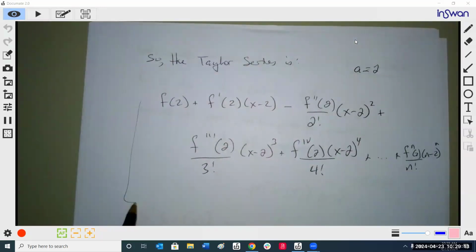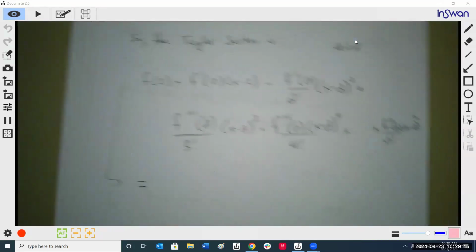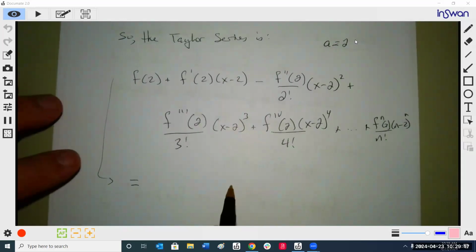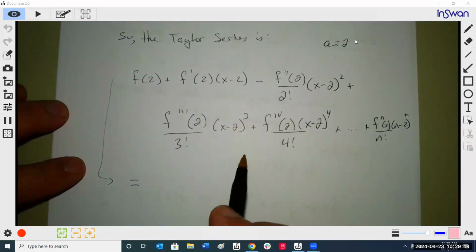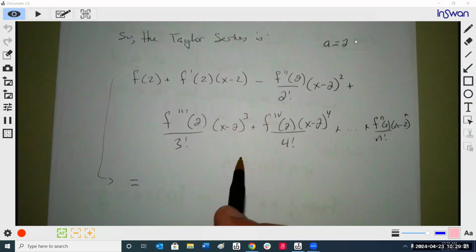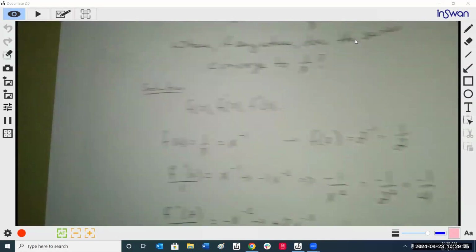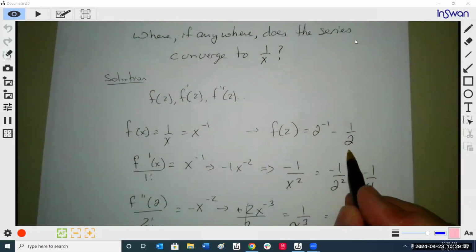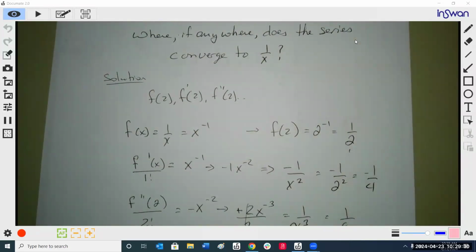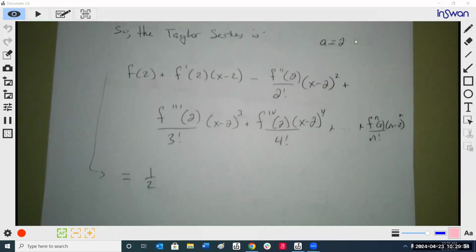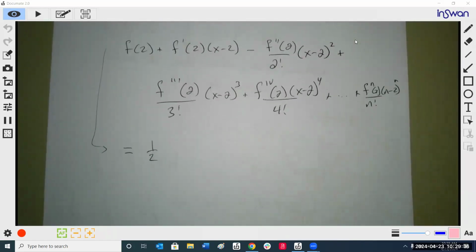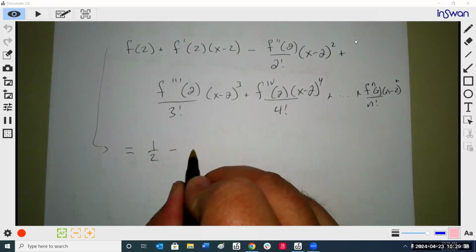So that becomes our function f was 1/2. Then we have negative 1/4, negative 1/8. And it changes signs.